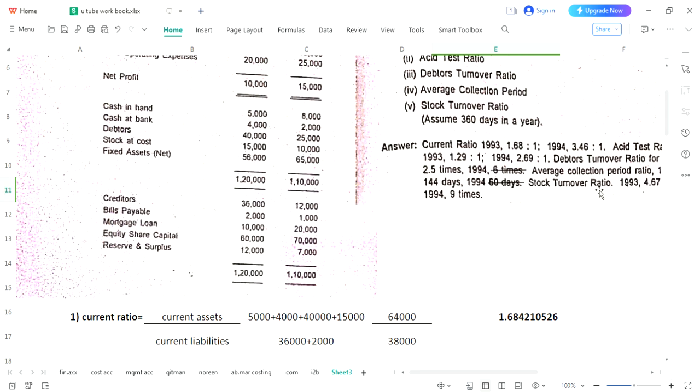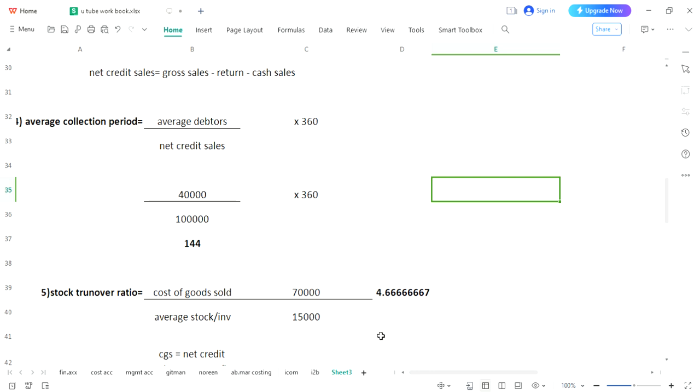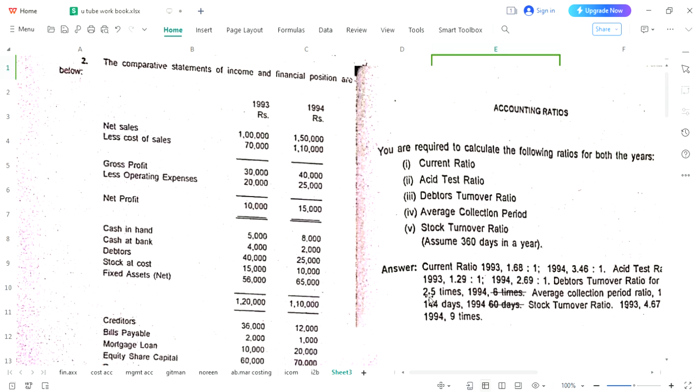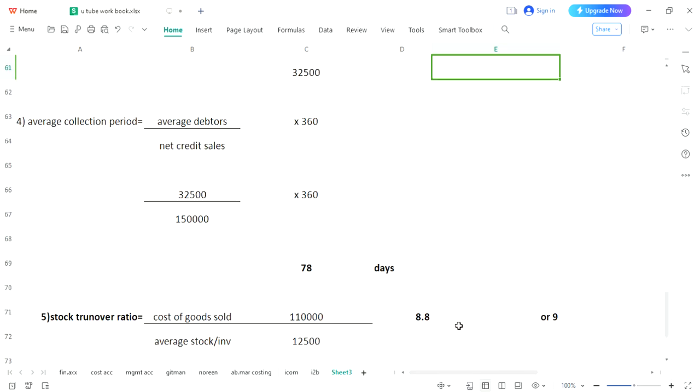So here you can see stock turnover ratio 9. The stock turnover ratio for the first part was 4.6, and here we have 4.6, and then for the second year it is 9, and we have calculated 9.